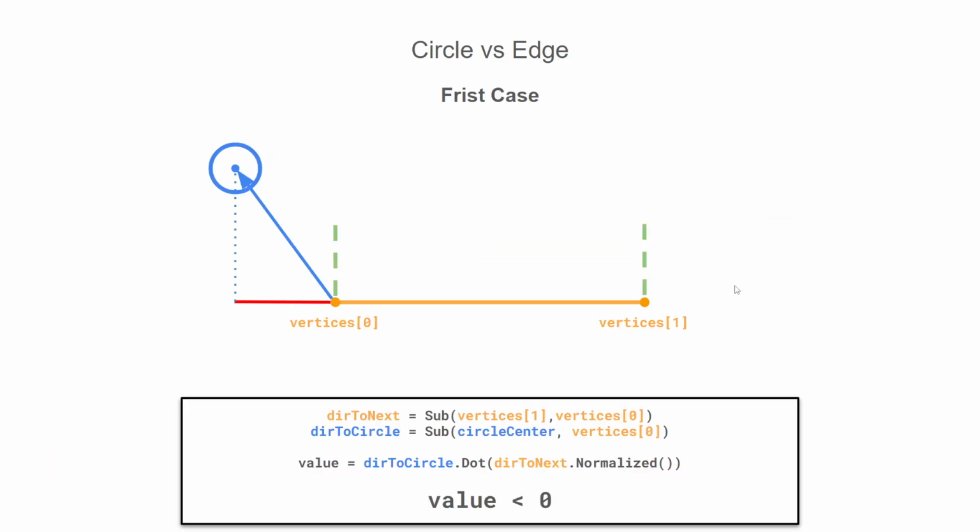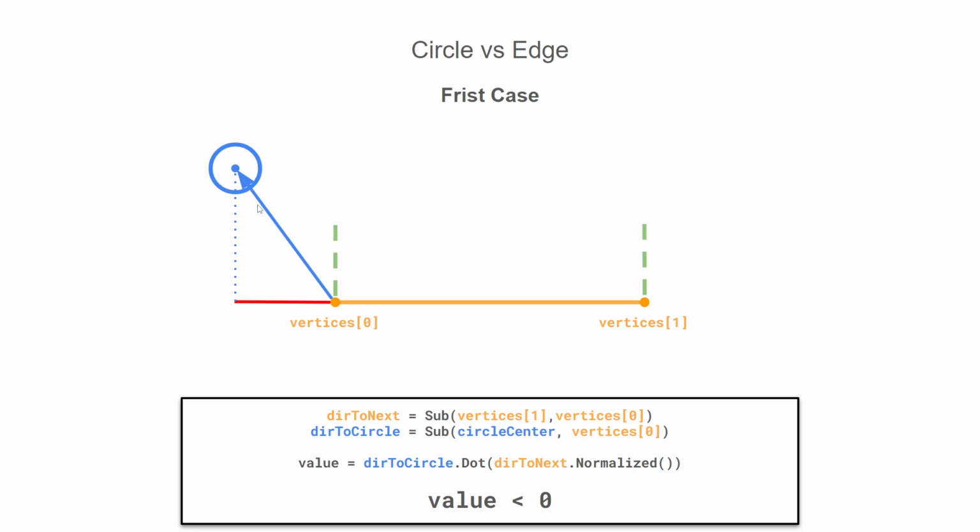Okay, so let's see the first case again, a little bit in more detail. Here, we're going to project this vector. We're going to do a direction vector again from the vertice 0 to the circle center. And we have a direction vector that I call toNext, from this vertice to the next vertice.